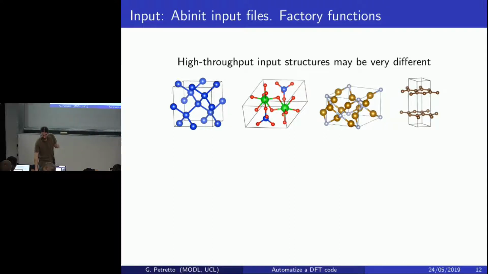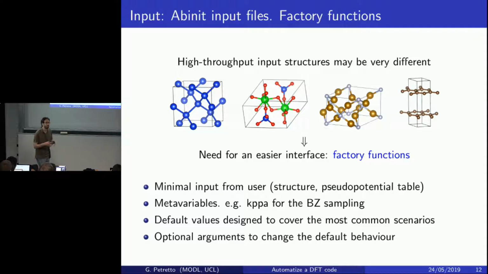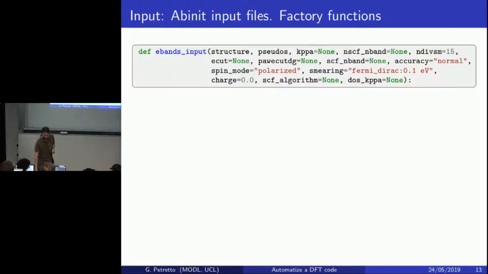So basically, we developed what we've called factory functions for the inputs, so that we have a very basic minimal input that we provide. In principle, one can just stick to the structure and pseudopotentials, and then define a series of meta variables, like, for example, the density of k points instead of giving the explicit grid, to cover most of the possible cases that might come up, and deal with the high throughput computations.